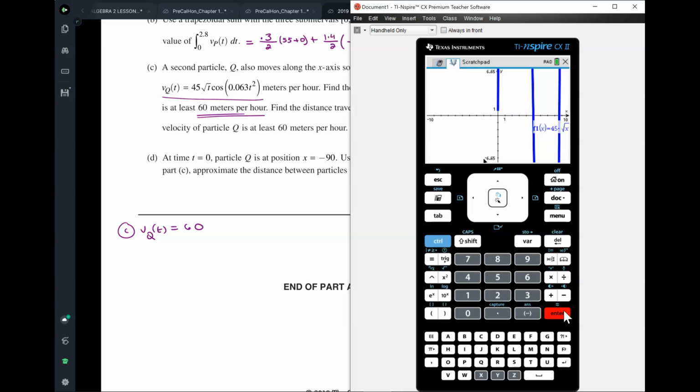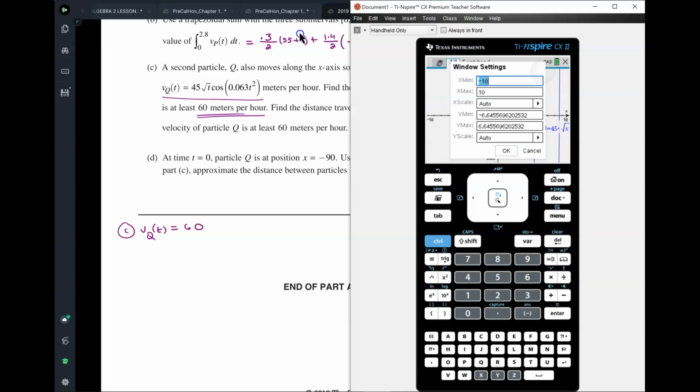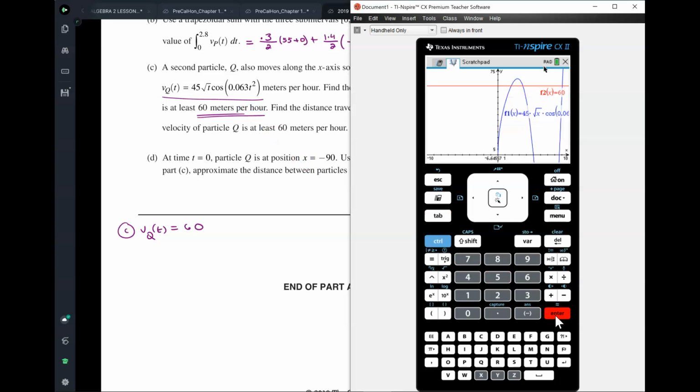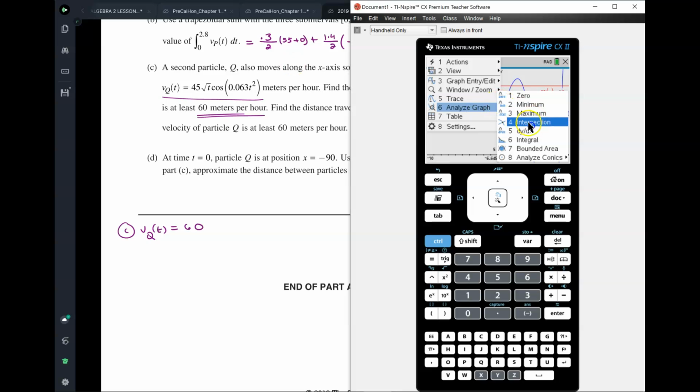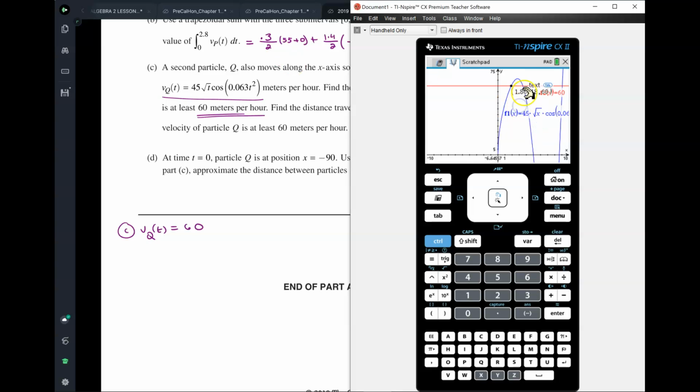And you want it to be equal to 60. So in the second part here, you want to put in 60. And if you go to menu, window, zoom, you want to go to somewhere higher than 60 here. Maybe let's go to 75. Okay? So that's where it crosses. So you want to find the points of intersection there. There are 2 points of intersection.